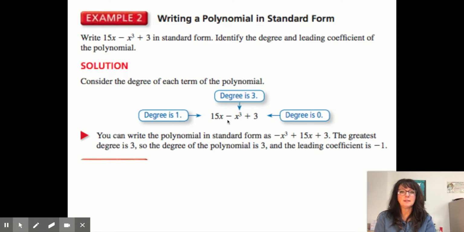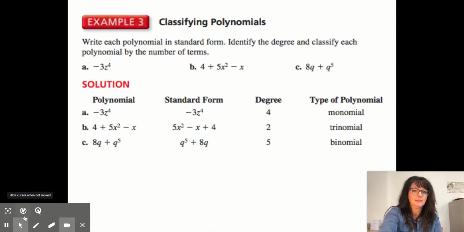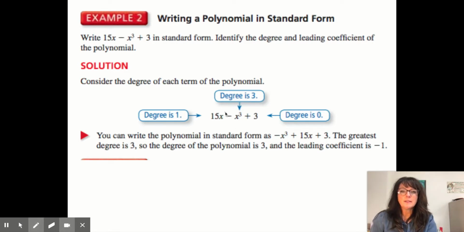Notice that it is a negative x cubed. So when we rearrange the terms, keep the operation in front of the number because that is actually the sign of the number. So we have negative x cubed plus 15x plus 3.